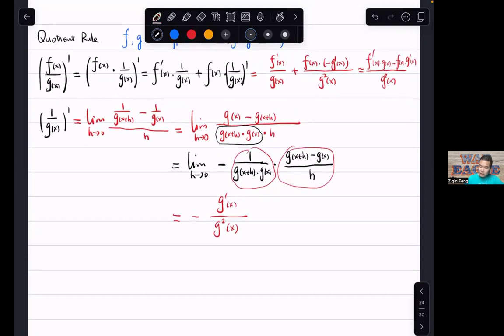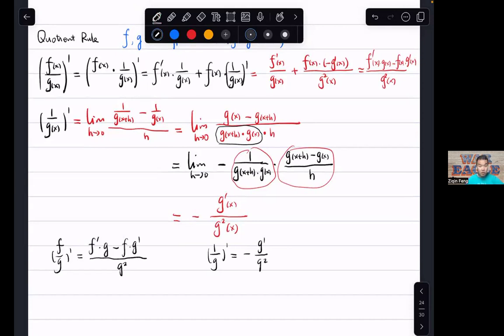Let's write down a single formula here. f over g prime is f prime times g minus f times g prime over g squared. And 1 over g prime is negative g prime over g squared.